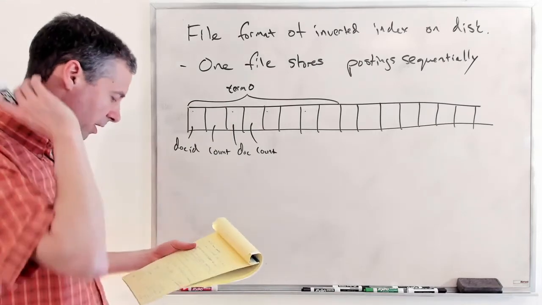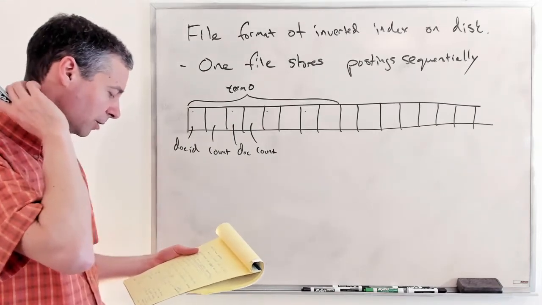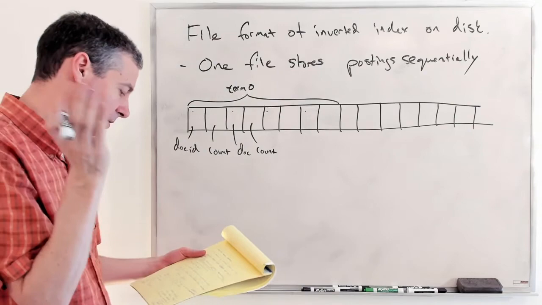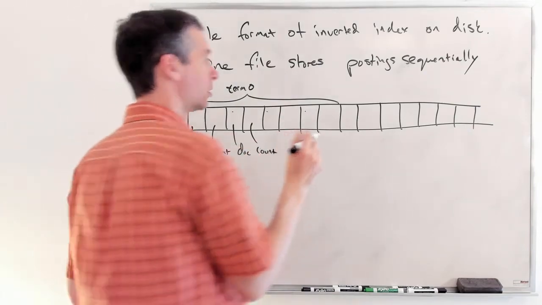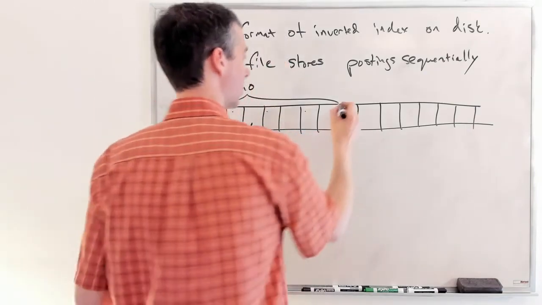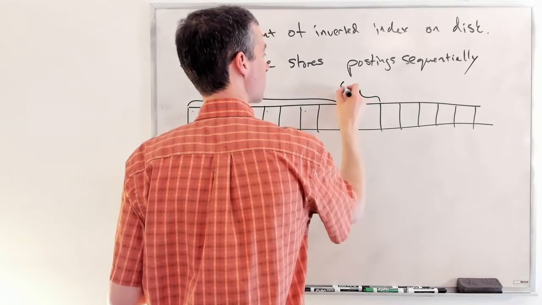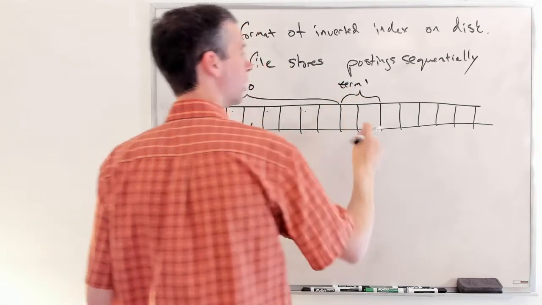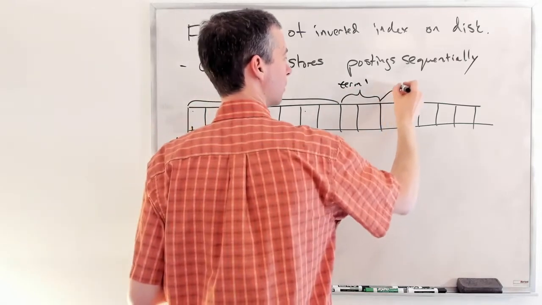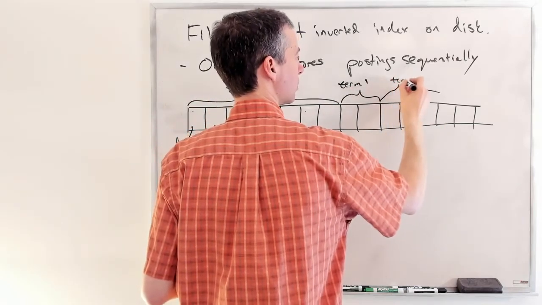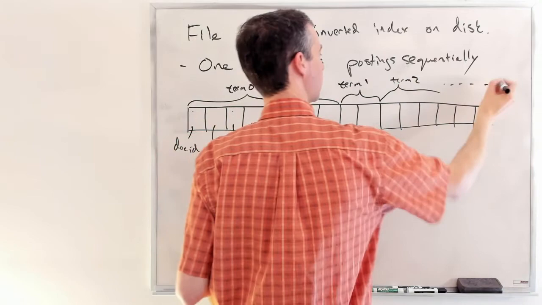And let's just say the next term was only found in 1 document. And so there's only this. So term 1 and so forth, and term 2, etc., all the way through.